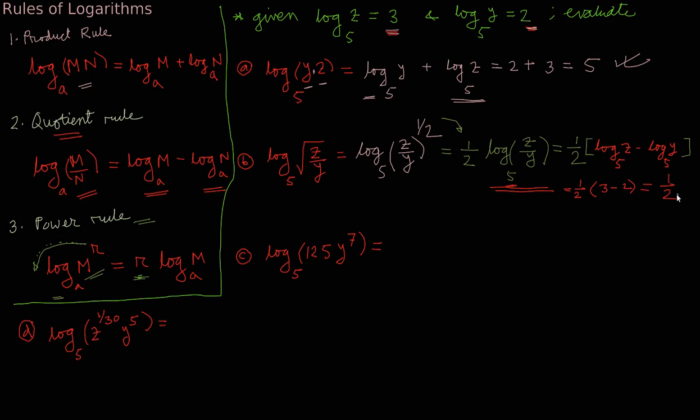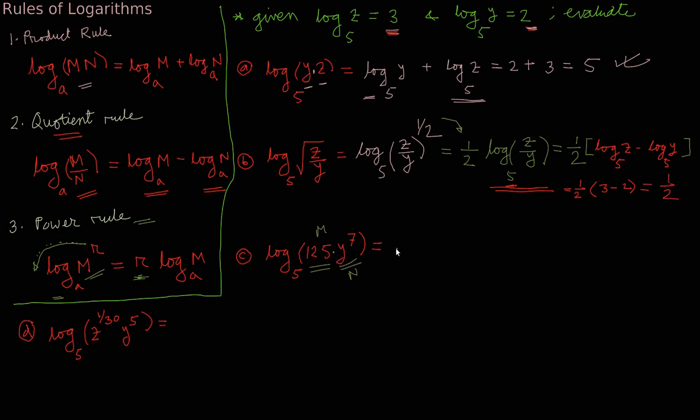All right, so now let us look at my third expression. In this case, first of all, let me use another color. So I have two quantities, 125, I'm going to call it m, and y power 7, I'm going to call it n. So logarithm of m multiplied by n.